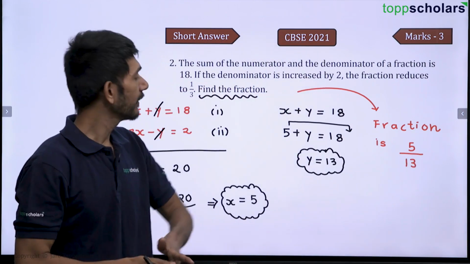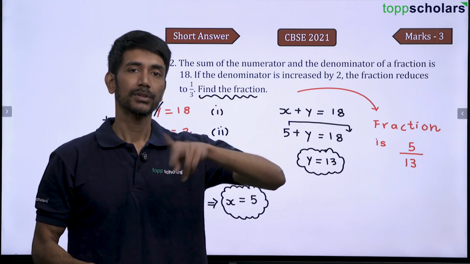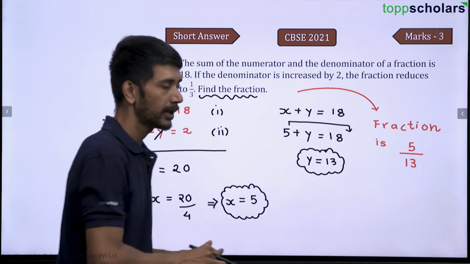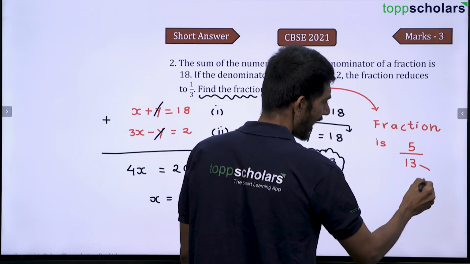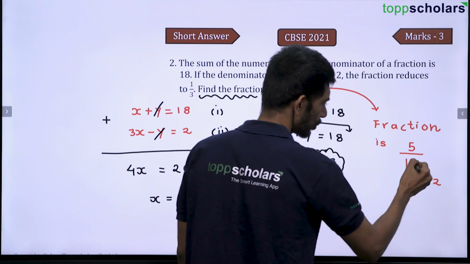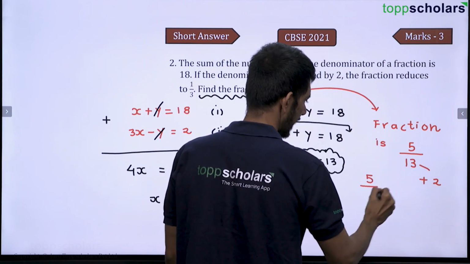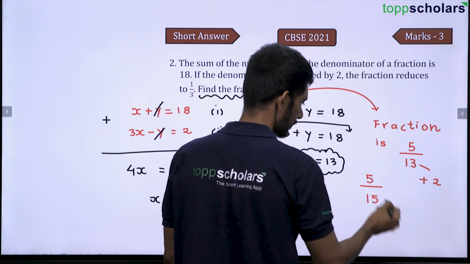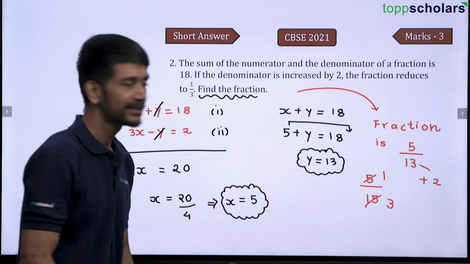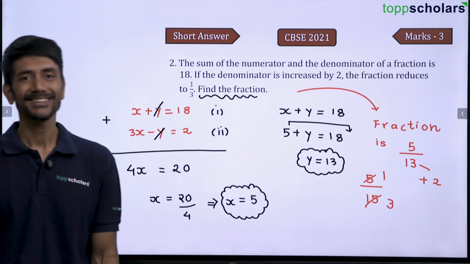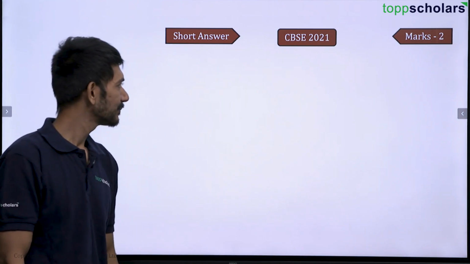And if the denominator is increased by 2, it gets reduced to 1 by 3. Is it true? Let us check. If I add 2 to 13, I get 5 by 15, right? So see, I get 1 by 3. That means our answer is correct. Easy. Okay, let's continue.